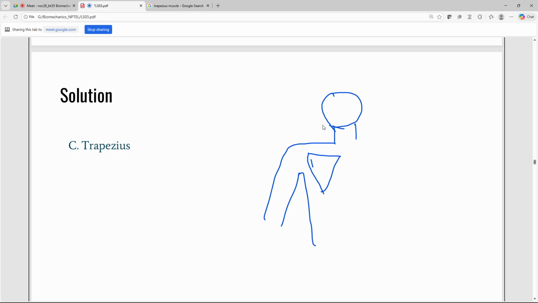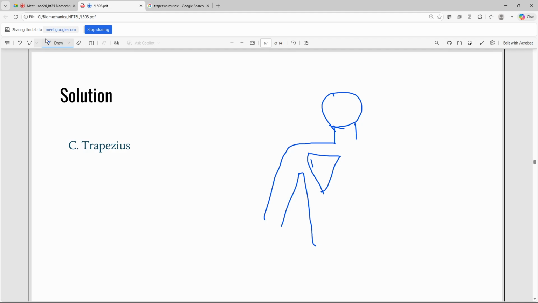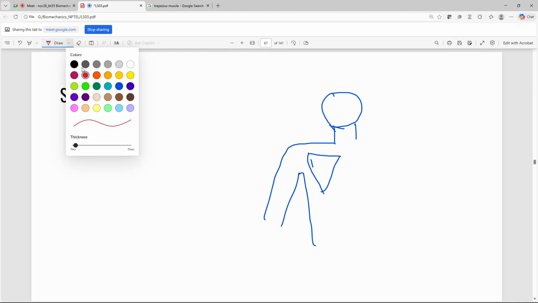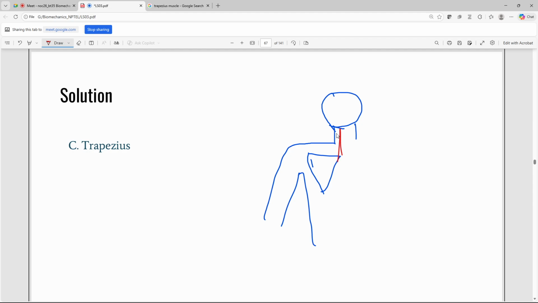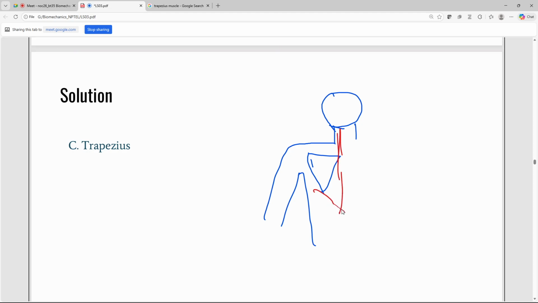The muscle group covering all this area, from the back portion of the neck to this much portion, is known as trapezius. So elevation of this scapula is with the help of the trapezius muscle.